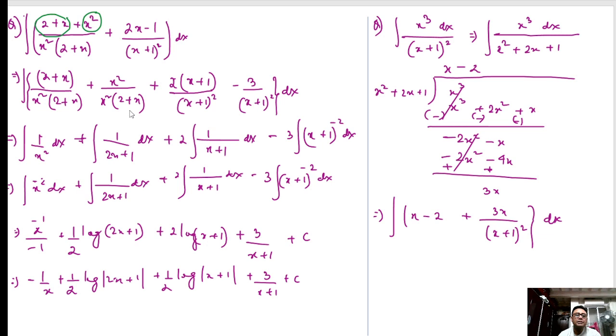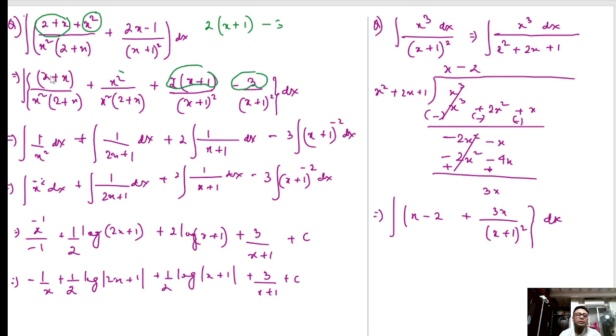So as you can watch here, and then 2x minus 1 can be written as 2x plus 1, so it becomes 2x plus 2, so it should be minus 3. So this is how I have broken it, this and this.